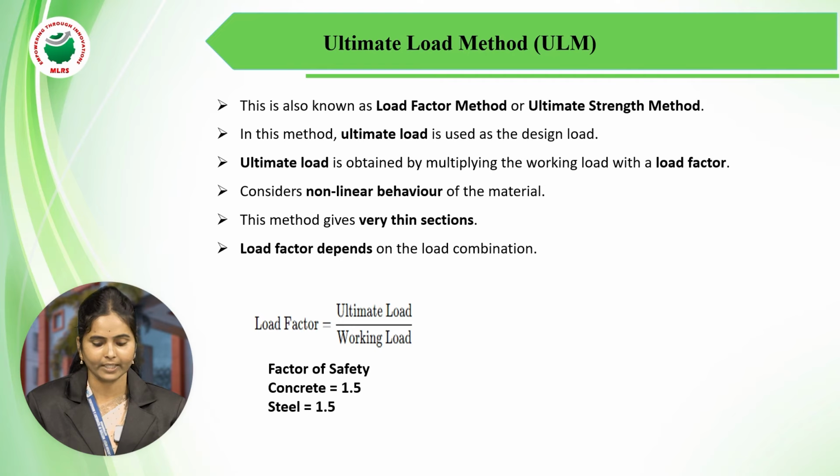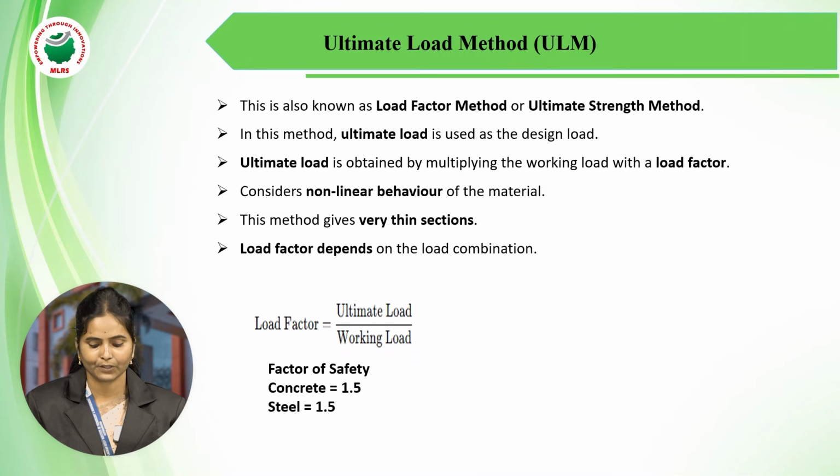Next method is the ultimate load method. This is also known as the load factor method or ultimate strength method. In this method, ultimate load is used as the design load. Ultimate load is obtained by multiplying the working load with the load factor. It considers non-linear behavior of the material.